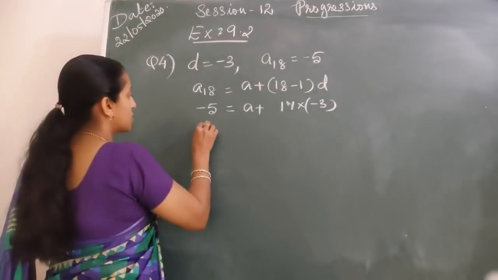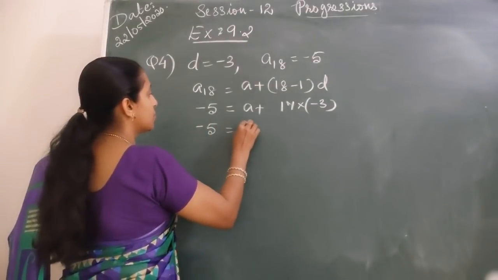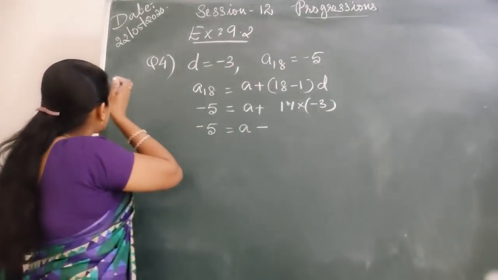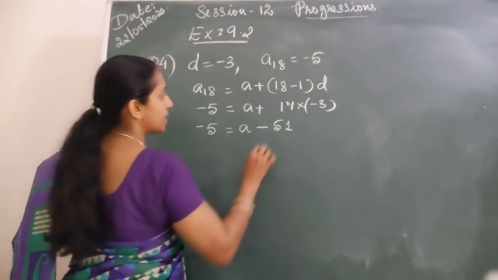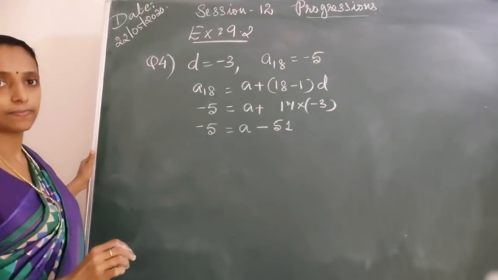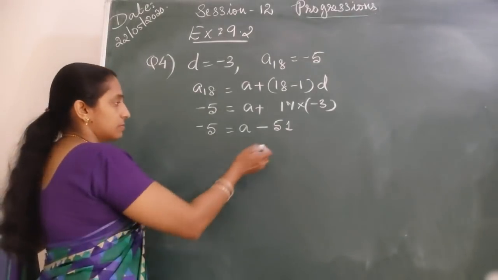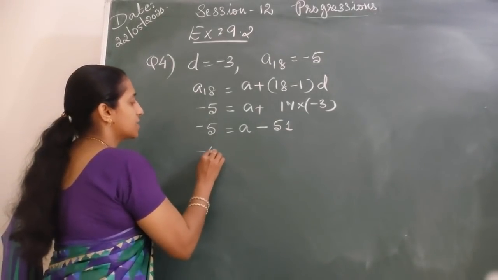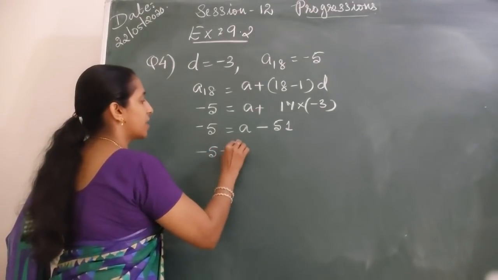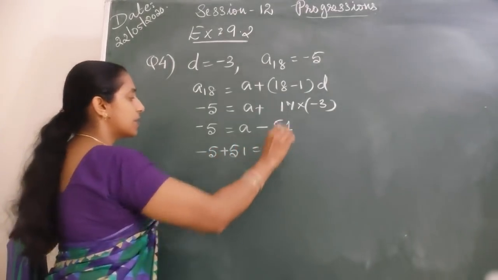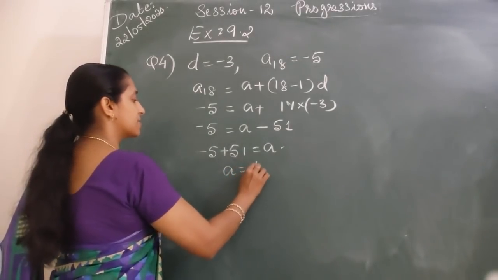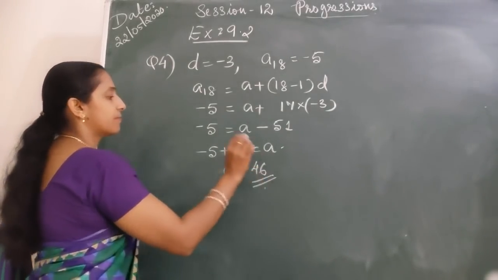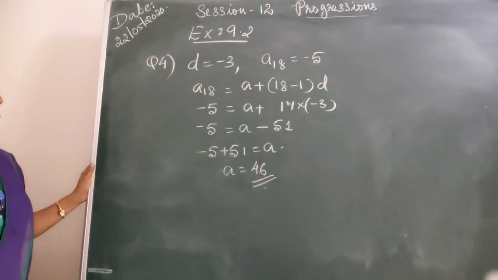That is -5 is equal to A minus 51, 17 3s are 51. Now, A will be -5 plus 51. What will be A? A is 46. So write down, first term is 46.